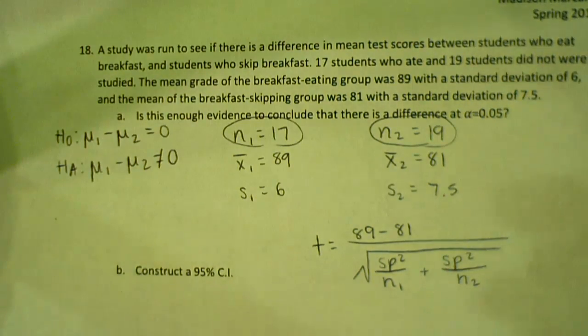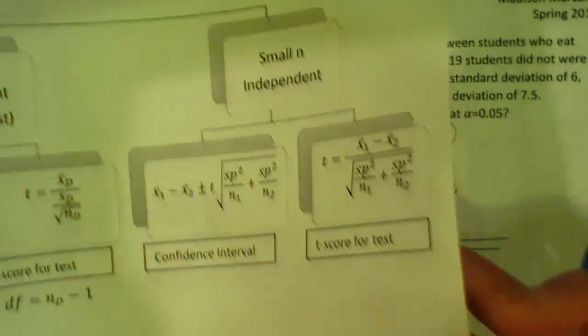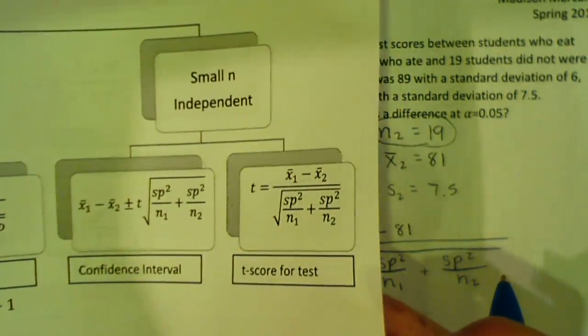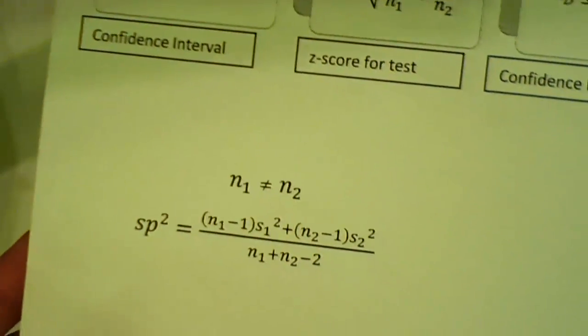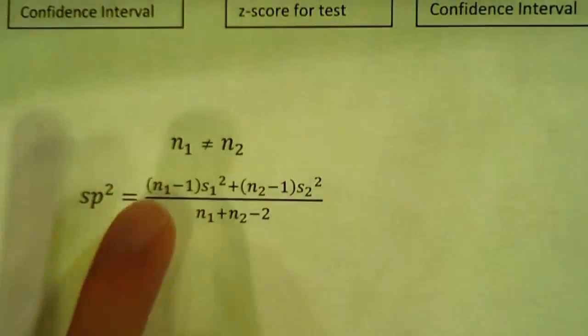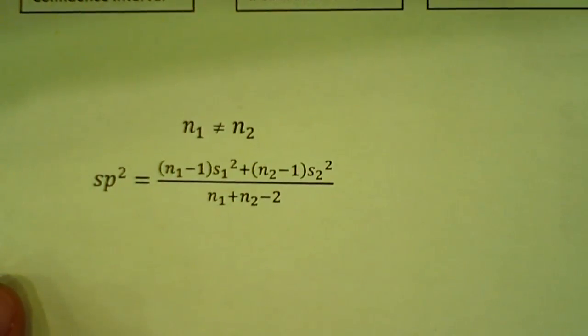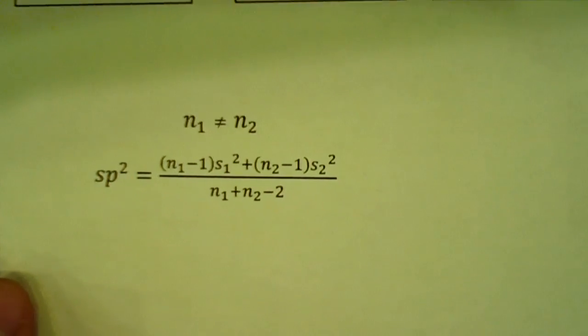I'll fill that in a bit. So again, that's just something that's right here, if everybody can see that. And then in order to find that Sp squared, our sample sizes are not equal to each other, so we have to plug that in.